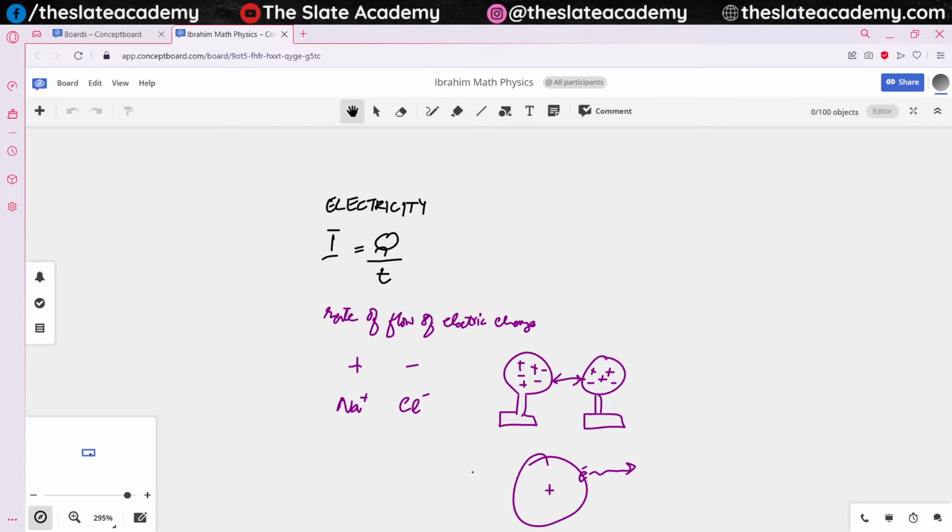Or if this atom gains another electron, it will become negatively charged. So even for things which are gaining positive and negative charge, it is only electrons which are flowing. It is the flow of electrons which gives anything positive or negative charge.